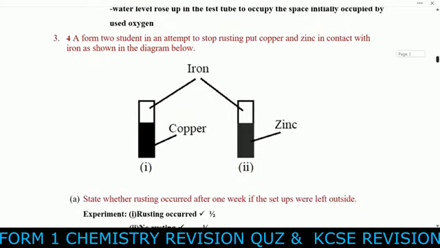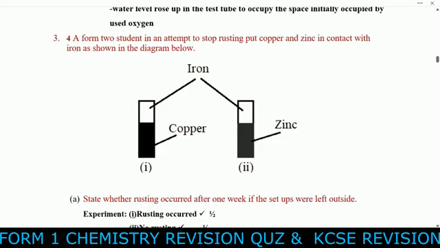Question number 4, you are told a Form 2 student, in an attempt to stop rusting, put copper and zinc in contact with iron as shown in the diagram below. You can see copper here, and then you can see zinc, iron.